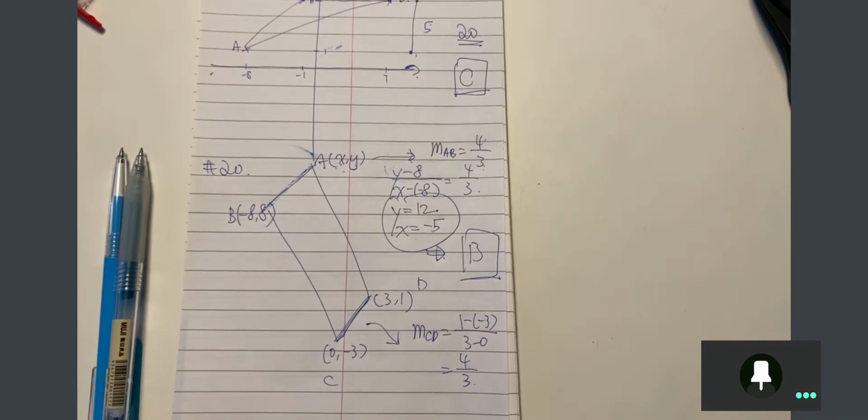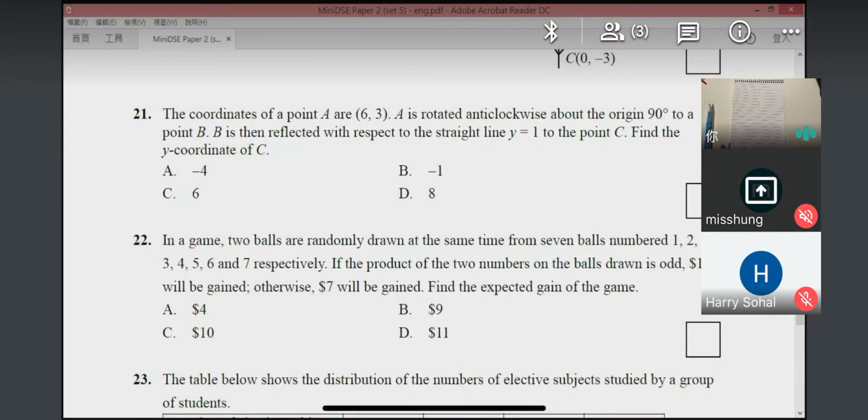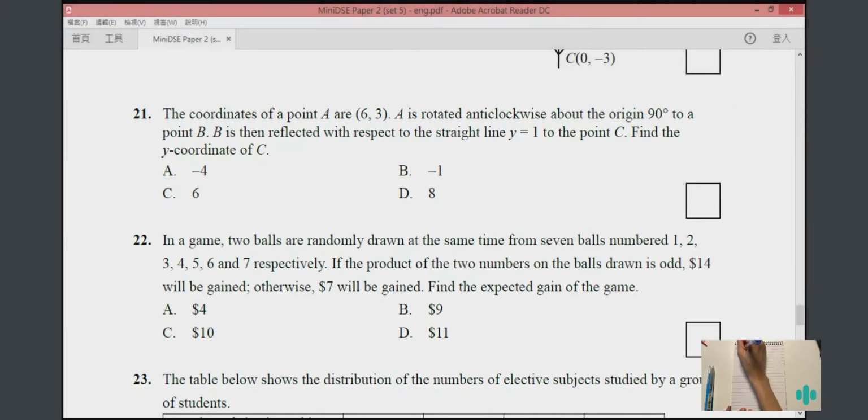Okay, number 21. Number 21 is the transformation of coordinates. This one, pay attention, because when I prepared the questions, I found that I did it wrongly because I just simply read the question.